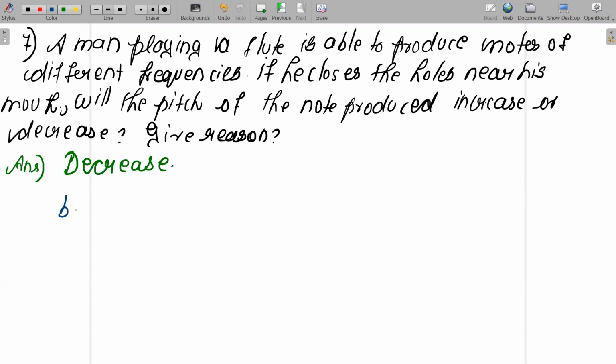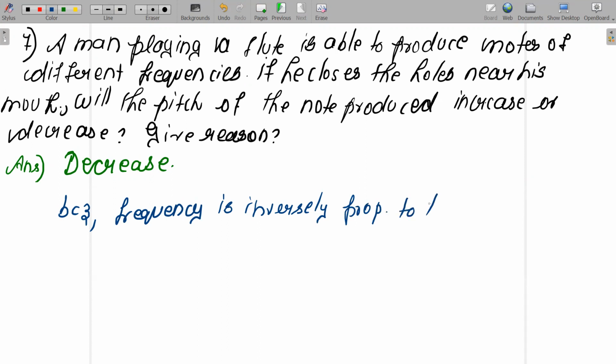Because frequency is inversely proportional to the length of the air column. I hope you understood this.